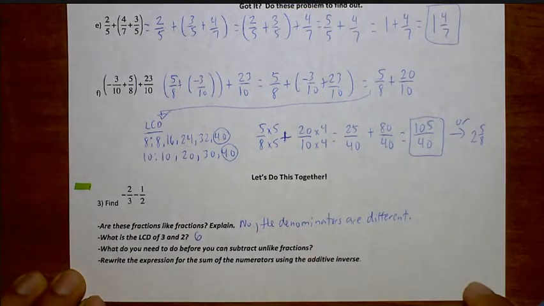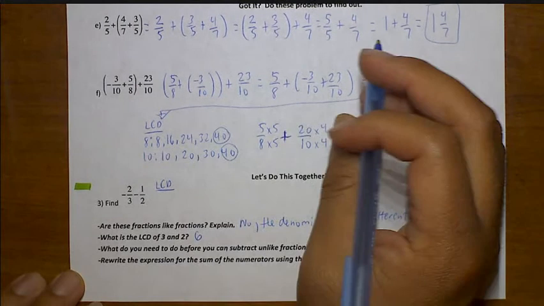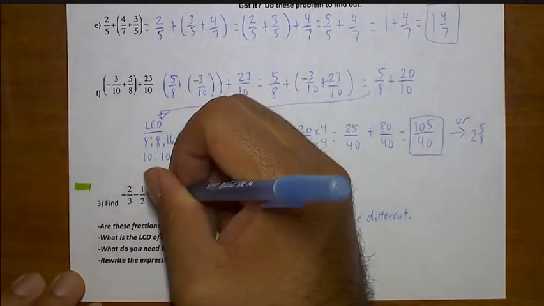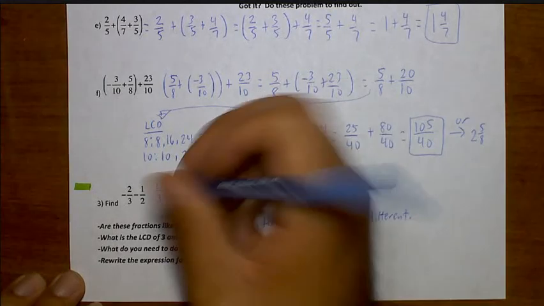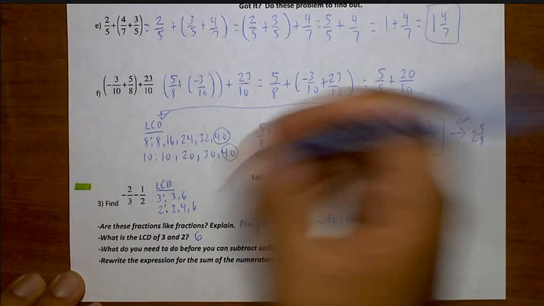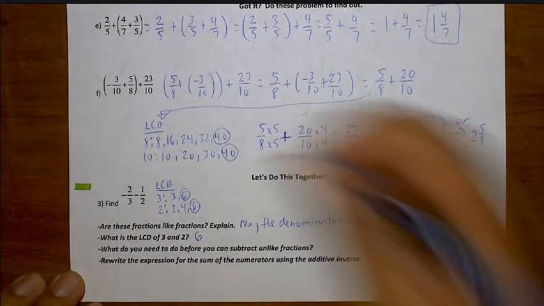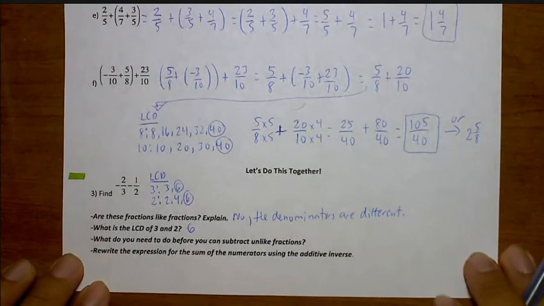So let's go ahead and write negative 2 over 3 times 2 over 2 minus 1 over 2 times 3 over 3. Negative 2 times 2 is negative 4 over 6 minus 3 over 6.